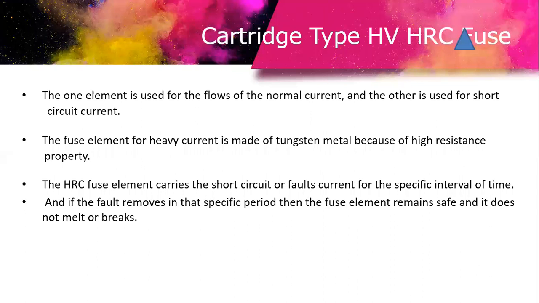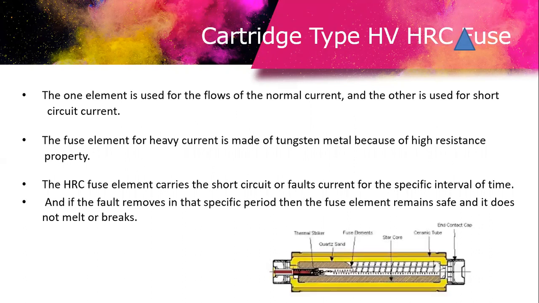If the fault persists for a given time, then we have to replace the fuse. This is one advantage. Whereas in kitkat fuses, whenever a fault occurs, the fuse blows instantaneously. But here, some time lag is provided to avoid mal-operation of the fuse.